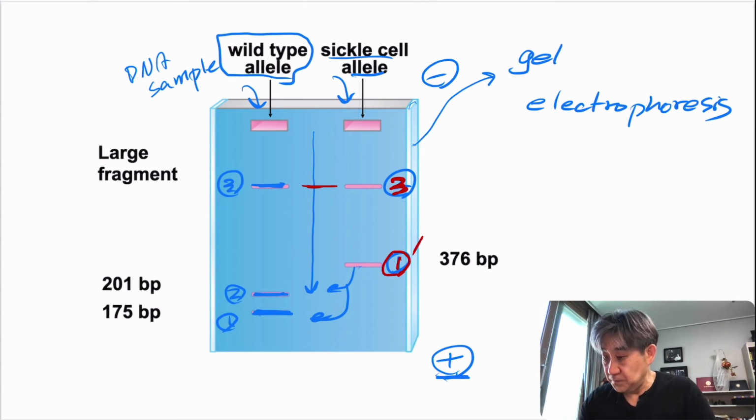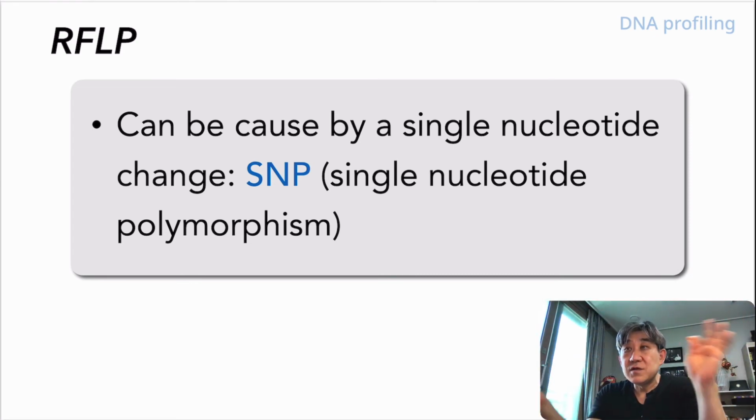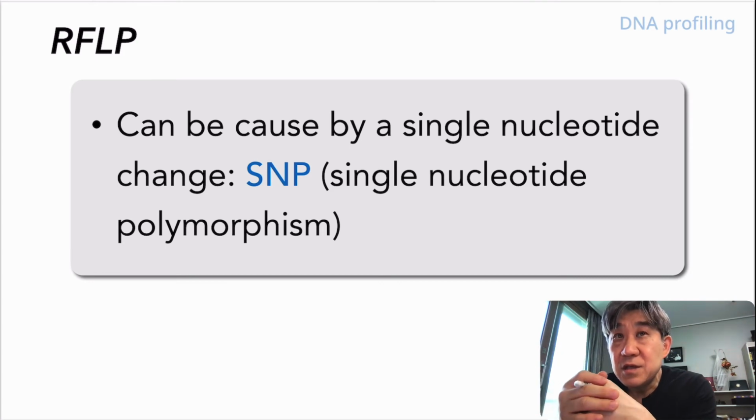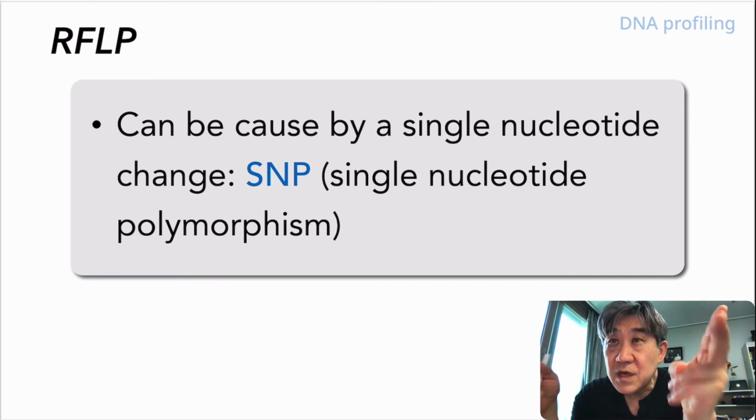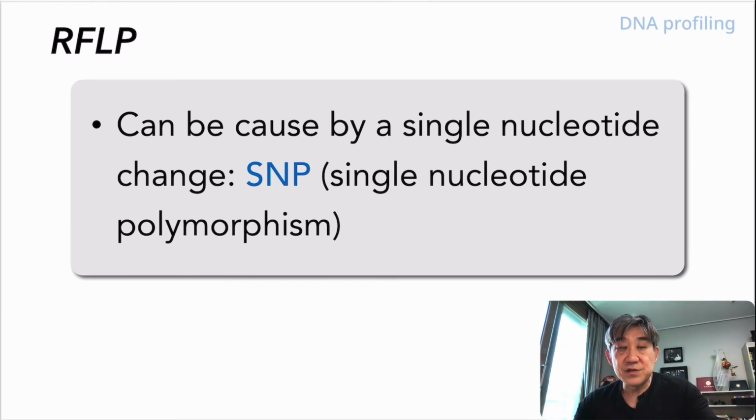Okay, so these RFLPs, as we have just seen, in the case of the sickle cell mutation, can be caused by a single nucleotide change. Just a single nucleotide change can generate such polymorphism in cutting. Such a single nucleotide change is usually referred to as a SNP.